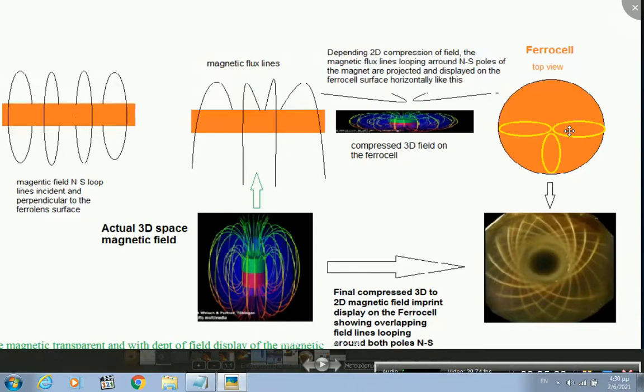Because if you illuminate it fully, then you will probably see so many lines that you will not get the wireframe, the discrete magnetic flux lines display on the cell of a magnetic field.